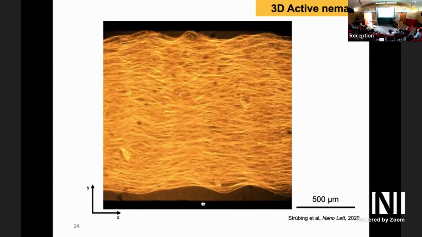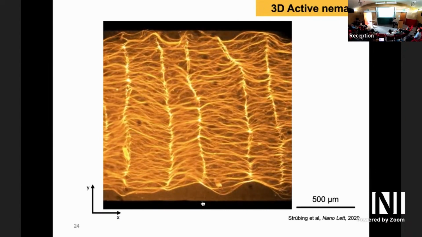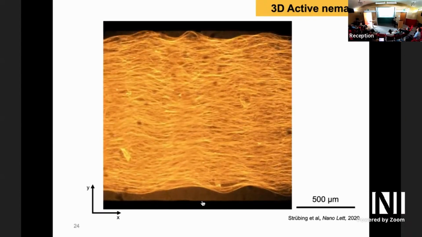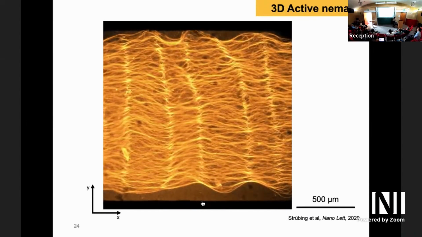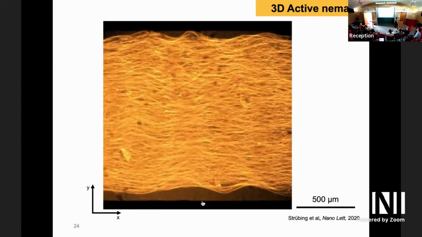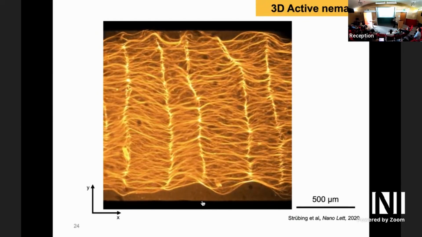You see a contraction of this network along the y direction, and actually you see also in the z. But this is just a top view of a movie from the microscope, and that's why you cannot appreciate this contraction in this direction.